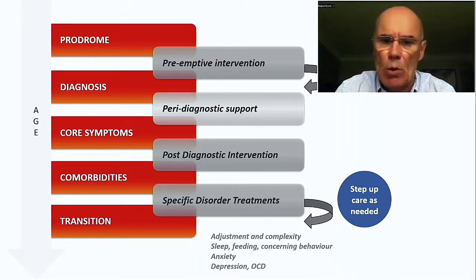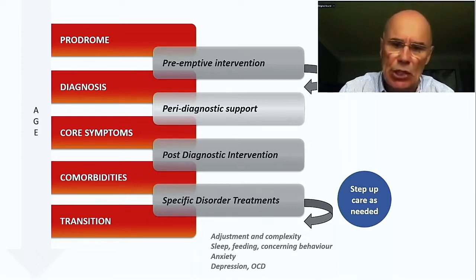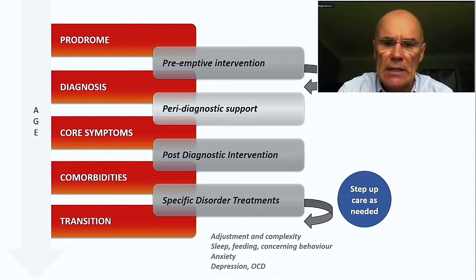And then later on, children with autism are more likely to develop other associated difficulties of adjustment, of sleep, feeding, concerning behaviors, anxiety, depression, a whole host of other difficulties that often affect children with autism.